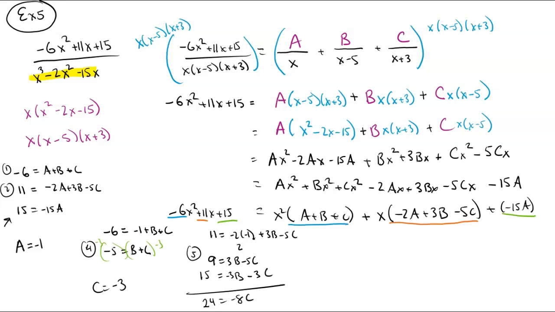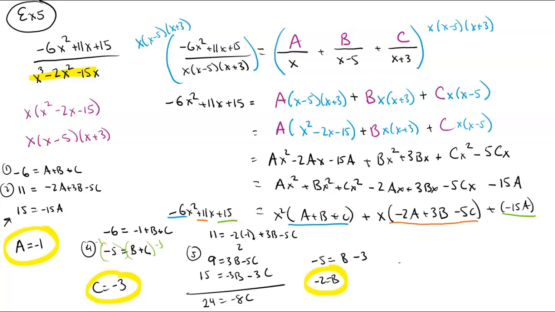Once I find my c value, I can plug it in, find my b value. So I already know that negative 5 is equal to b plus negative 3. So that means my b is equal to 2. So again, I have my a, I got my c, I got my b.